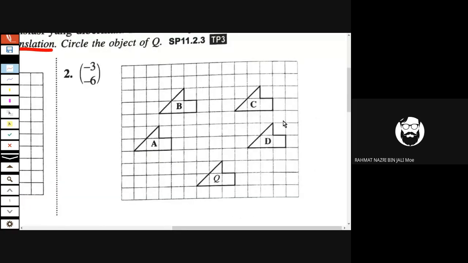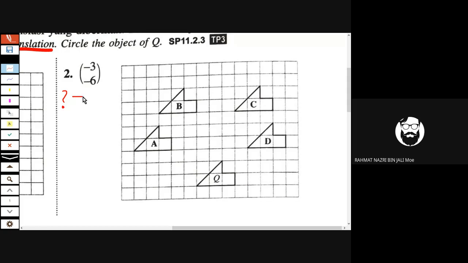Okay, this is the same. This is the image of A, B, C, D. So we change how we find it. Okay, this is the original one, -3. This is the question mark.